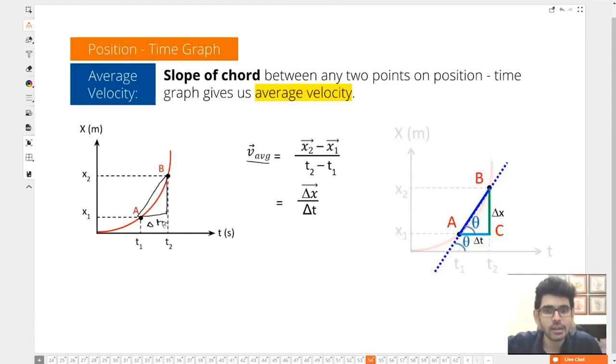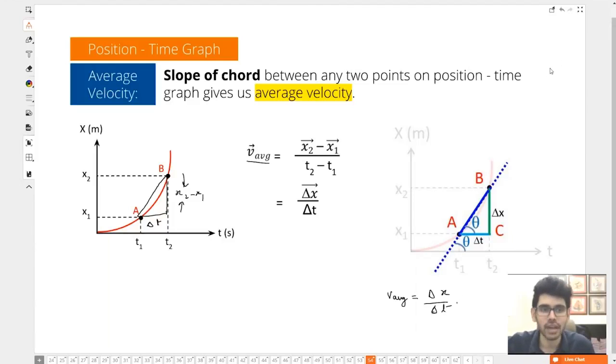In delta t, the change in displacement is x2 minus x1. So from a position-time graph, average velocity is the rate of change of displacement, delta x upon delta t.